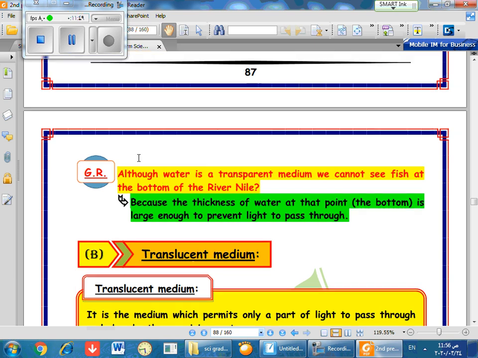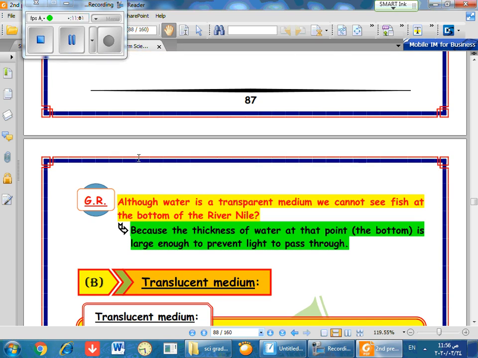We have a small question here. Although water is a transparent medium, we can't see the fish at the bottom of the river. Because as the thickness of a transparent medium increases, think of a transparent piece of glass: if you put it on the title of a book, you can see the title.